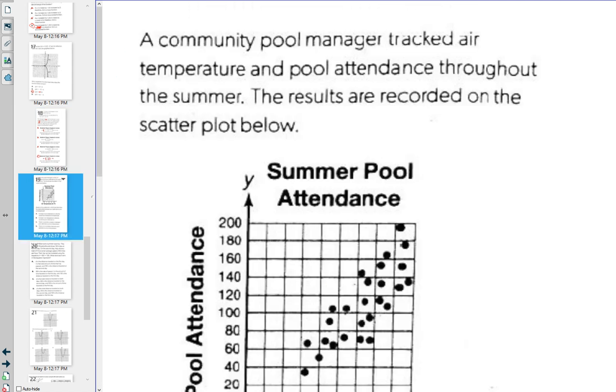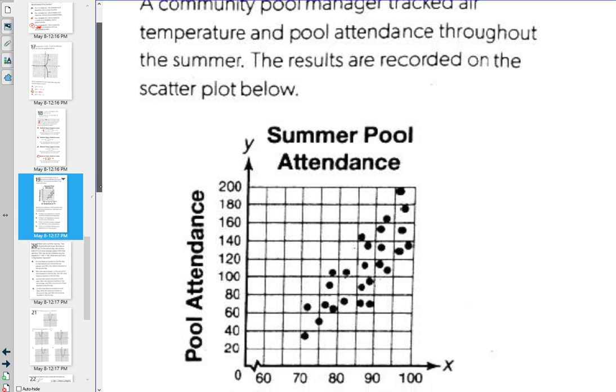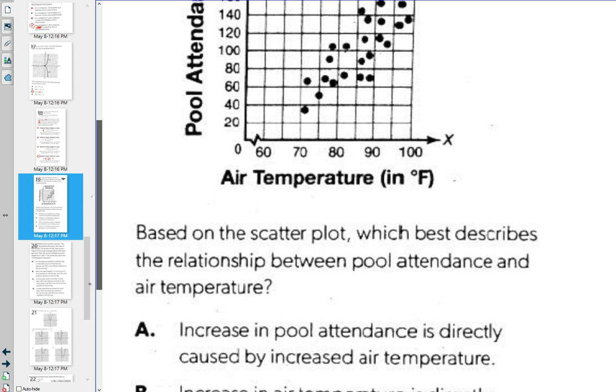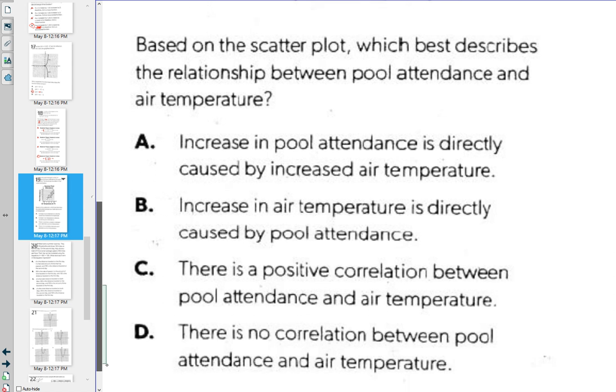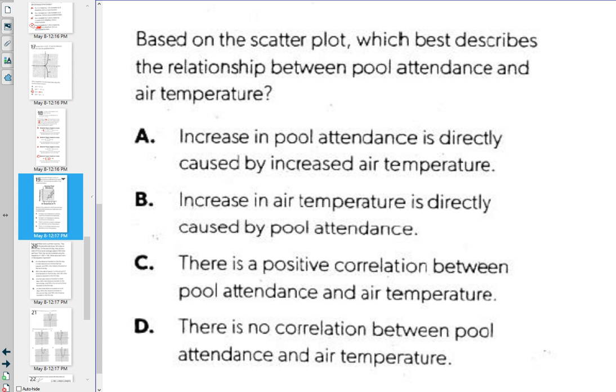Scatter plot. The community pool manager tracked the air temperature and the pool attendance throughout the summer. The results are shown. Based on the scatter plot, which best describes? Okay. You see this word here? So we didn't really go into the differences between what's called correlation and causation. Anytime that there's a relationship between two variables, then we can say that there's a correlation.